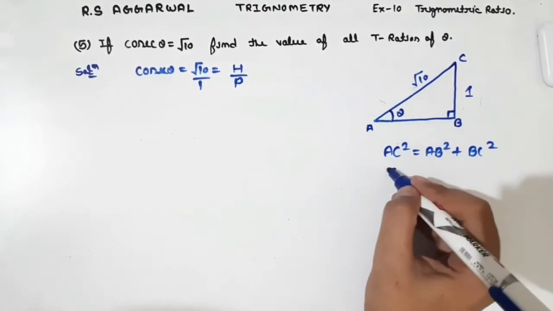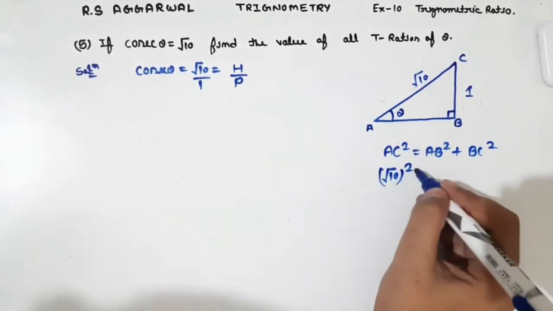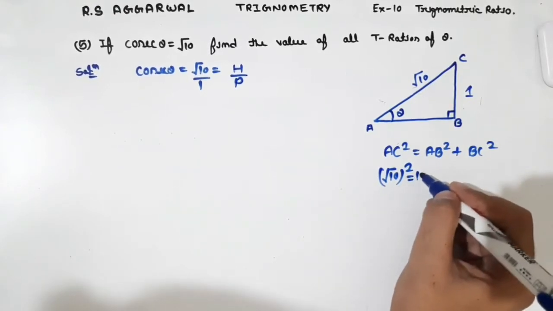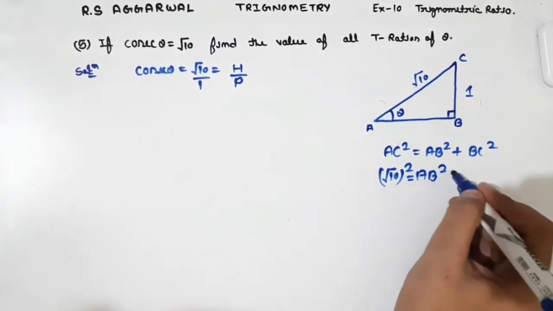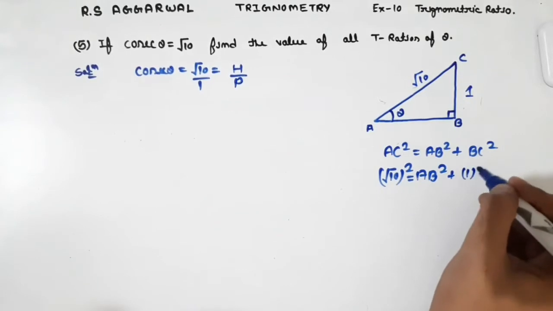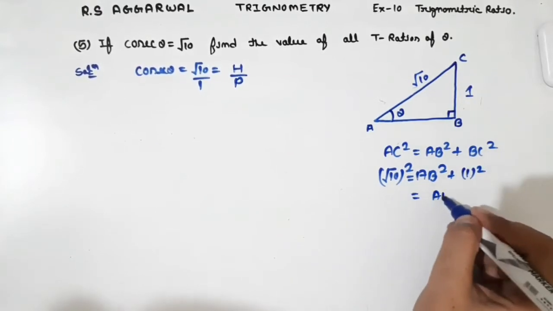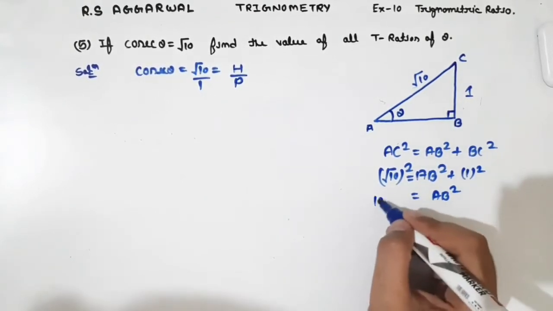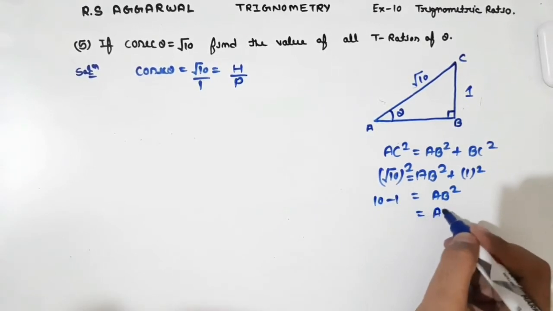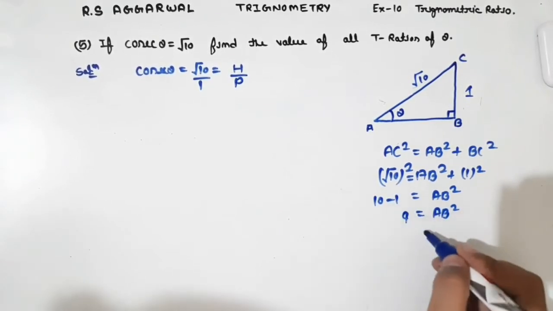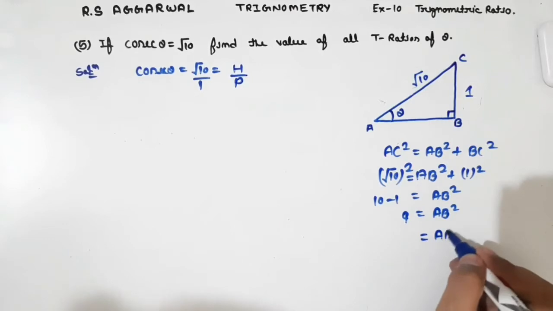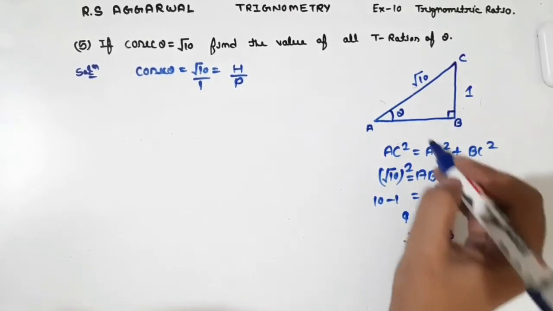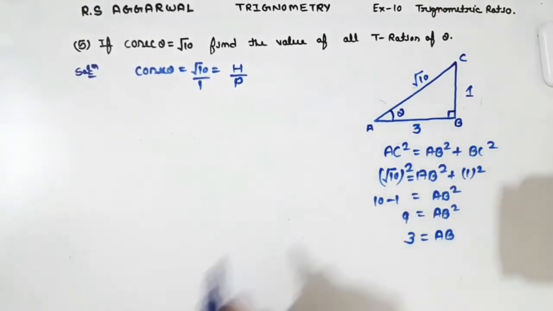So AC is root 10 square equals AB, we have to find AB, and BC is 1 square. So from here AB square will be 10 minus 1, so AB square will be 9. So from here AB will be equal to 3. So our base will be 3.